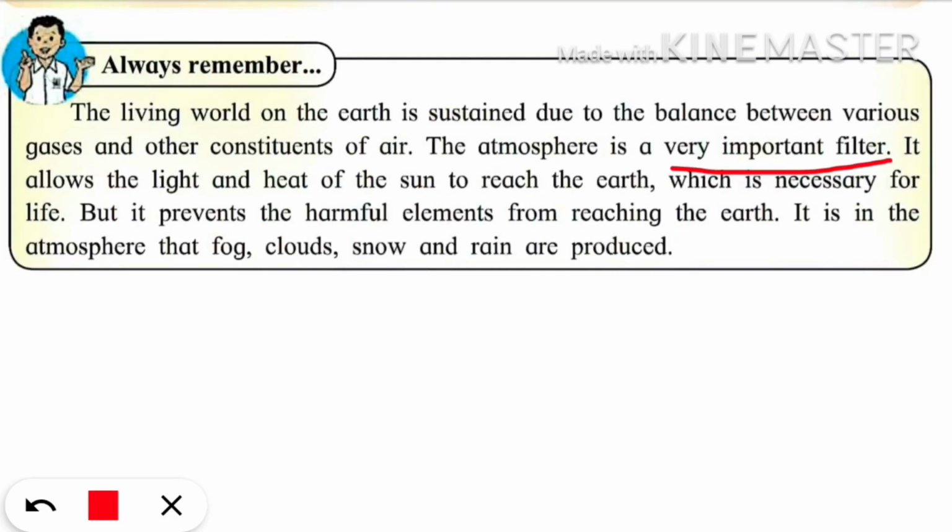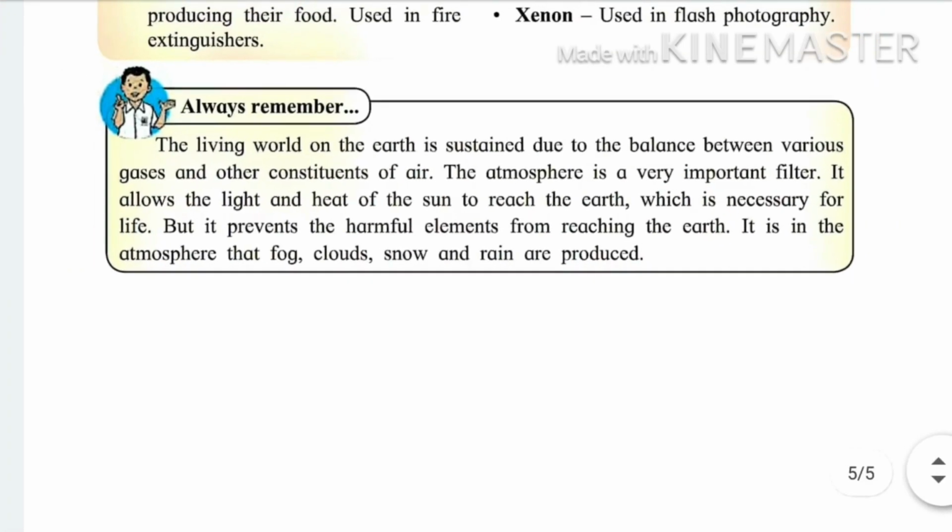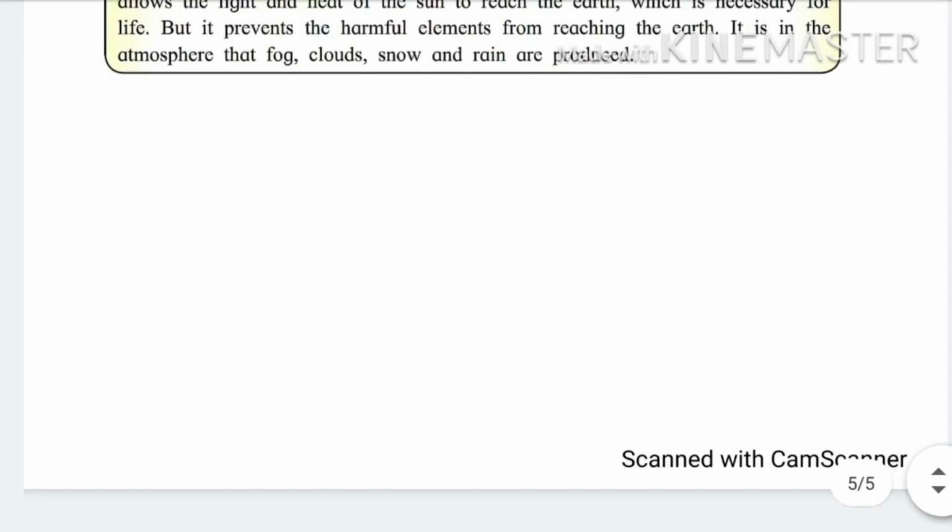It allows light and heat of the sun to reach the earth, but it prevents the harmful elements from reaching the earth's surface. So, important thing about this: the living world on the earth is sustained due to the balance between various gases and other constituents of air.